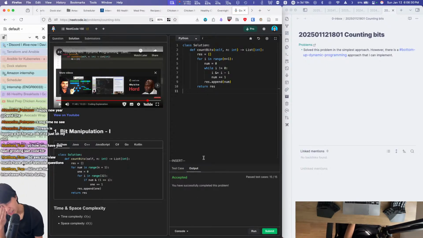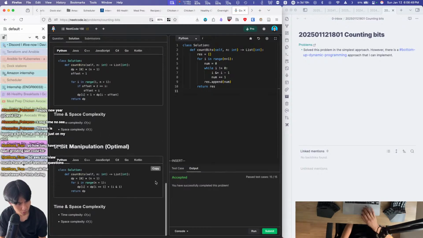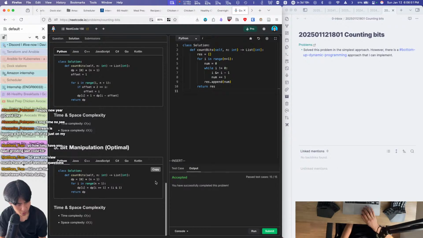Is there a max size to the DP array? The max size to the DP array is the size of n, right? So technically, isn't it O of n space?